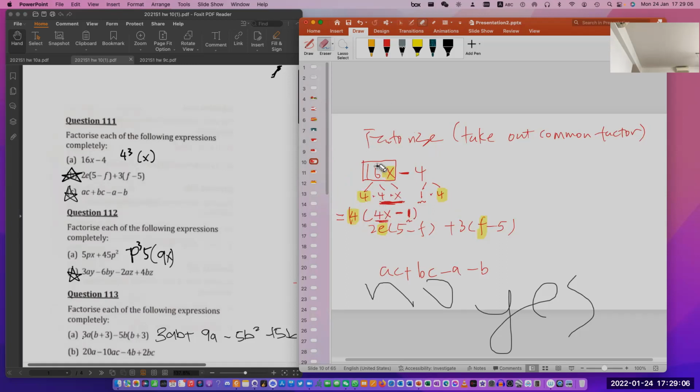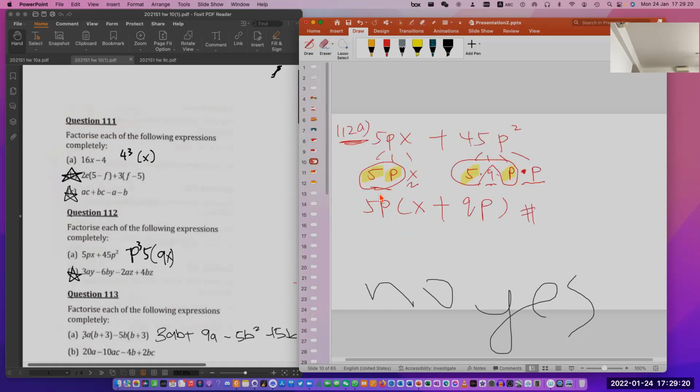Okay, you also split this 16x into 4x, split the 4 into 1, 4. So you can see that you have a 4 in common. So you take out 4 in common. So you end up with this. Okay, similarly, you split the 45p squared into 5, 9p times p.